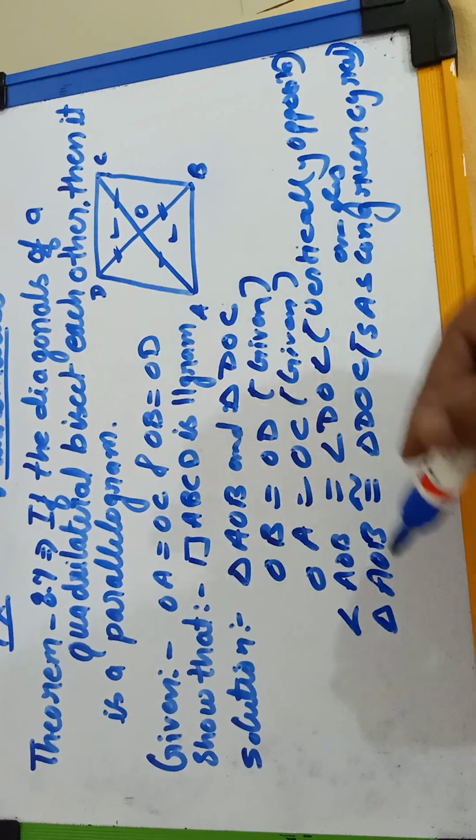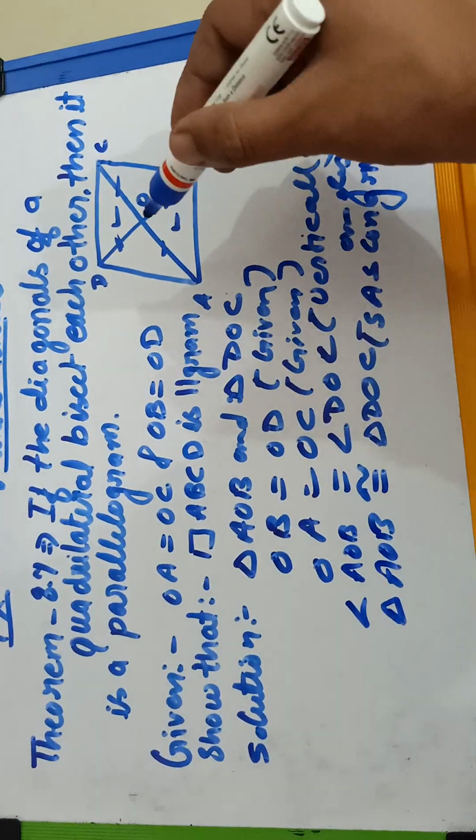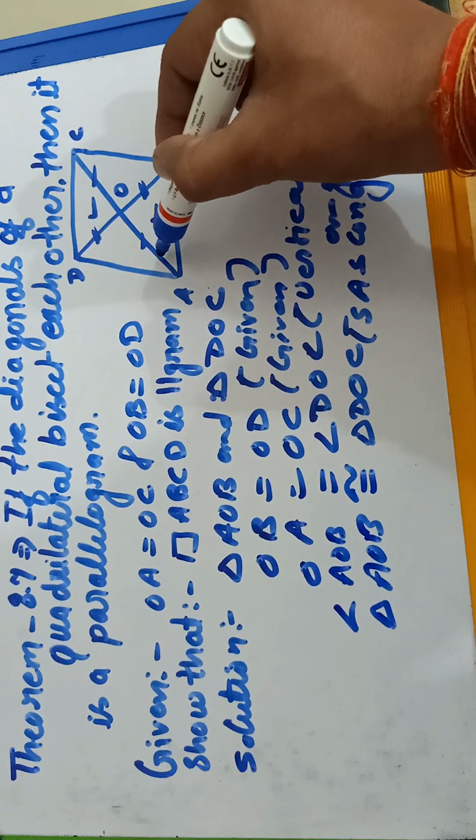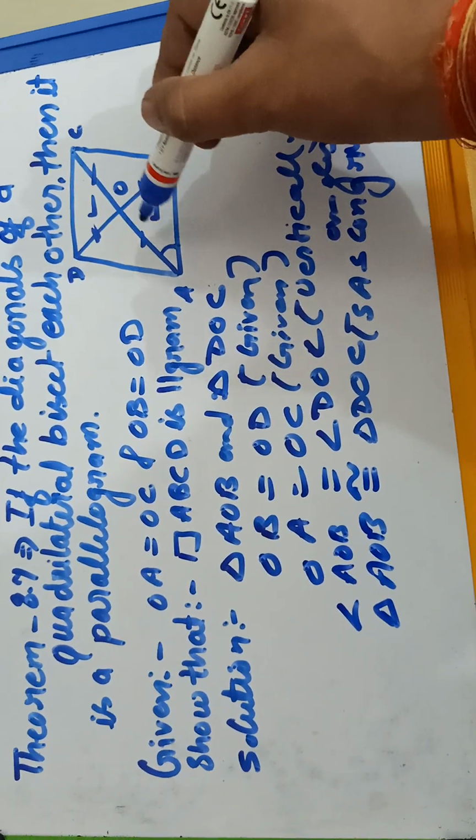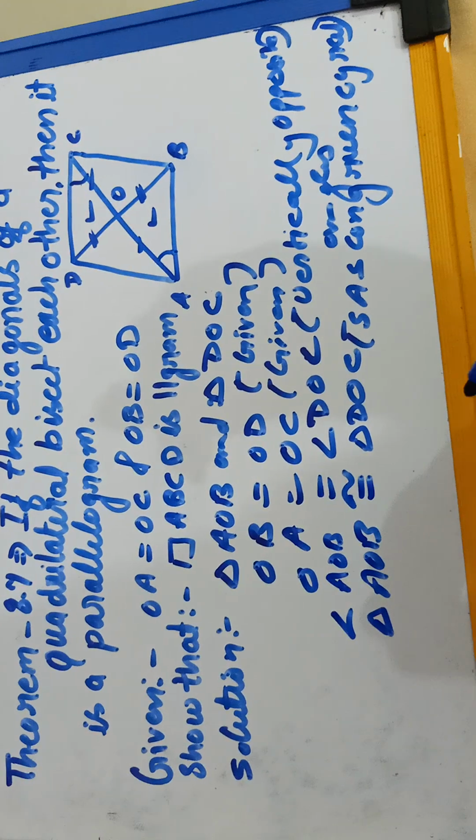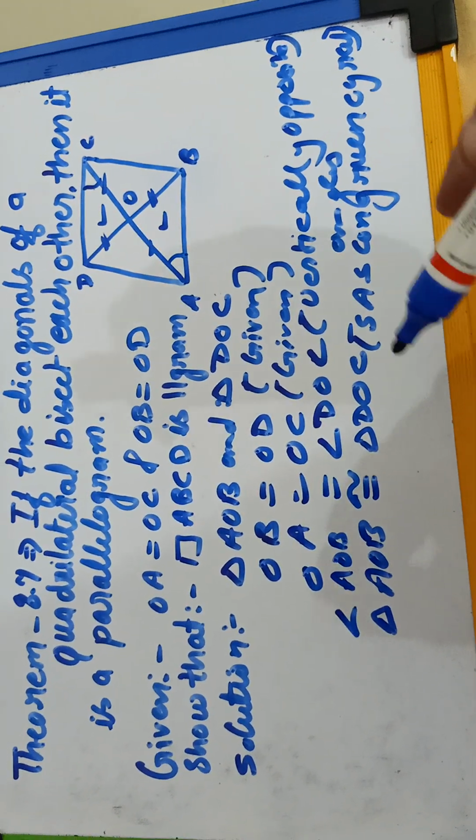Now when the triangles are congruent, you can see here this angle of triangle AOB is equal to this angle of triangle DOC, which are corresponding.